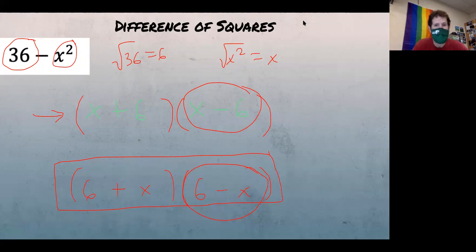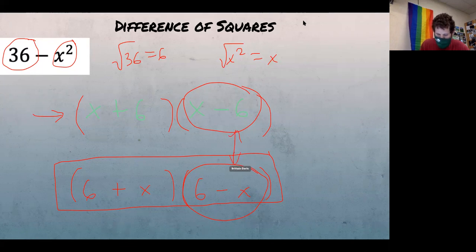But subtraction is non-commutative. And what I mean when I say that is that x minus 6 does not equal 6 minus x. And we can just see that with 1 and 2. 1 minus 2 is different than 2 minus 1. They are not equal. So we can't just flip these two and call it the same.